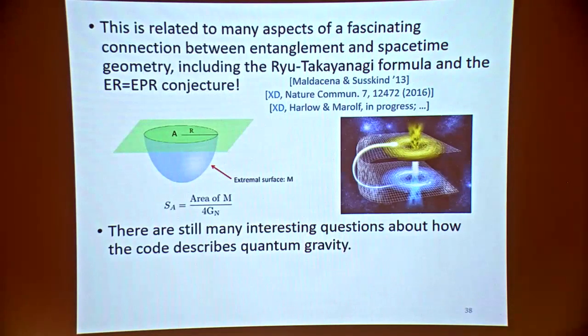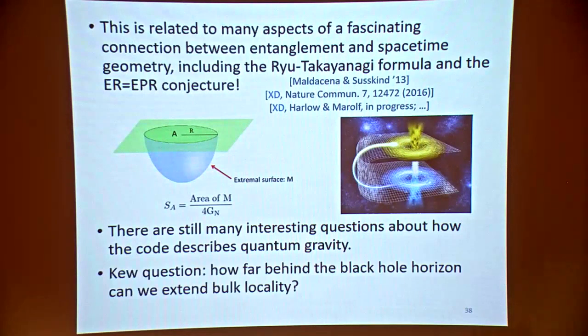There are many interesting questions about how the code works and how they describe gravity in detail. I think many of them still remain to be explored. A key question I'd like to emphasize is how far behind the black hole horizon can we actually go and maintain local physics, maintain approximate locality?